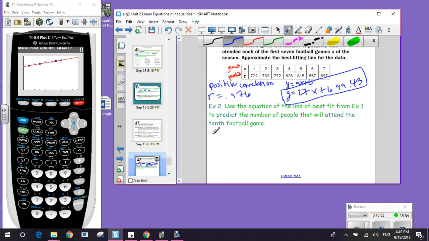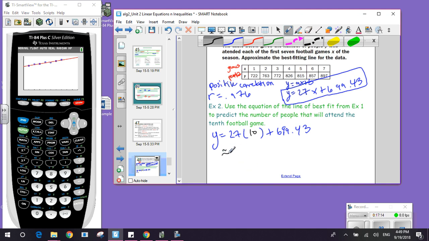So I have my equation, y equals 27, and then in place of x, I'm going to put 10, plus 699.43. So in place of x, I'm going to put 10 because that would represent the 10th football game.